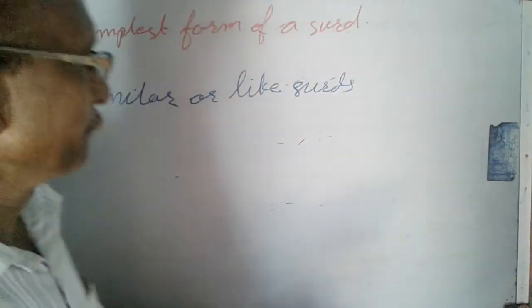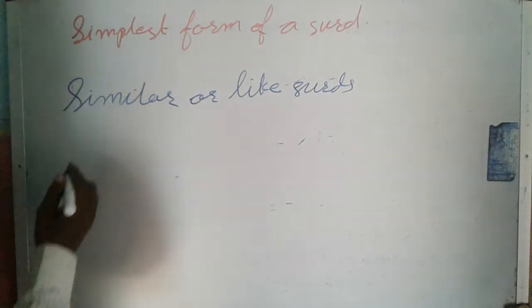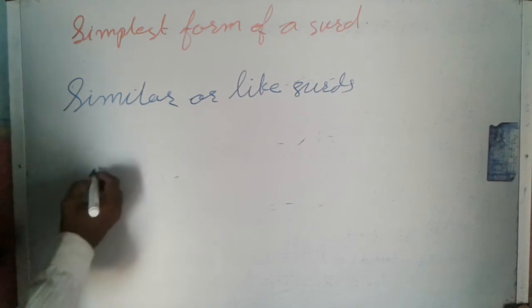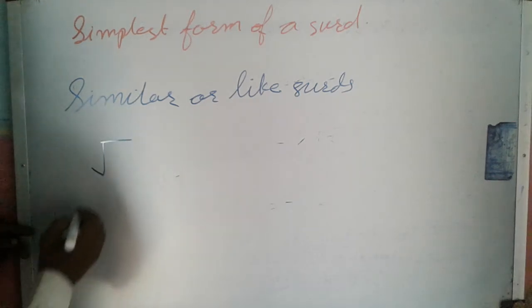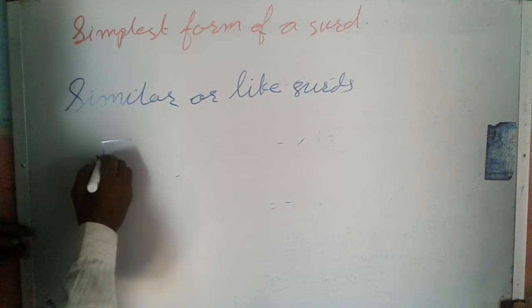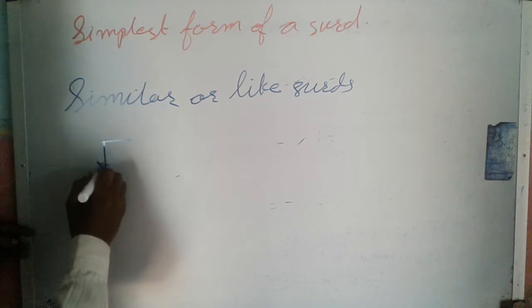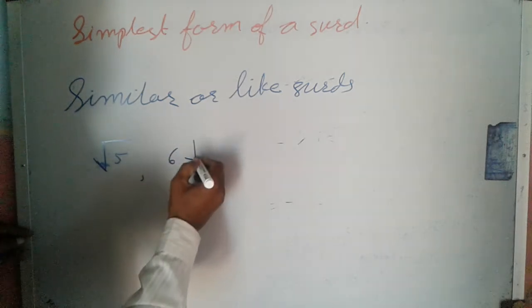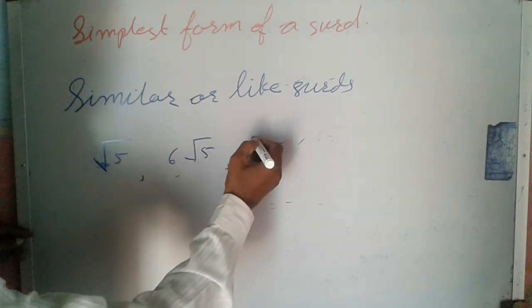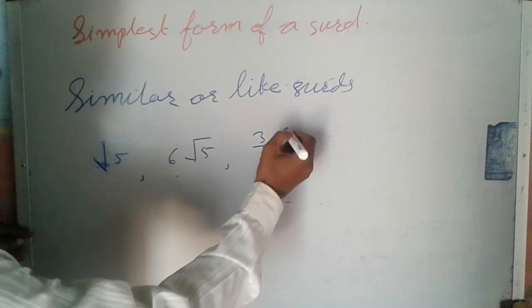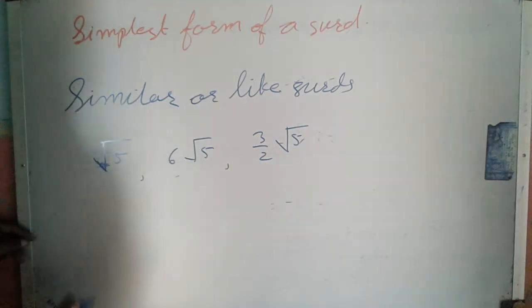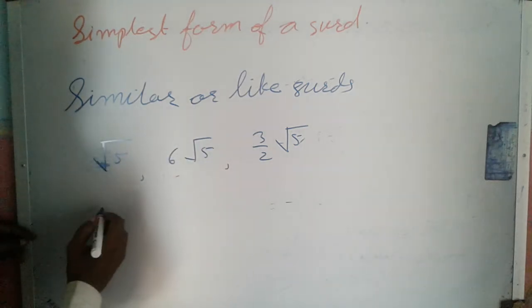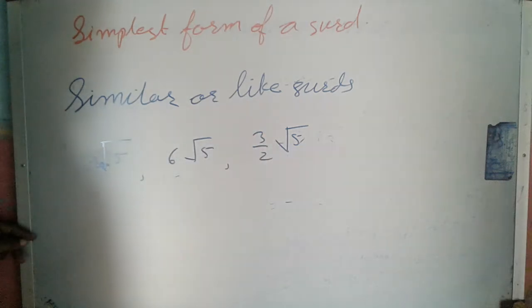For example, in these surds, order of each surd is 2. That means orders are equal.